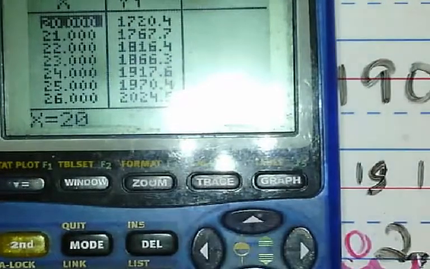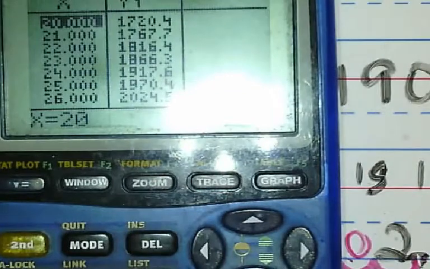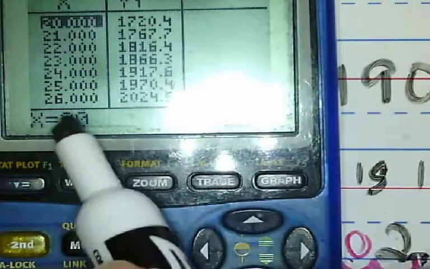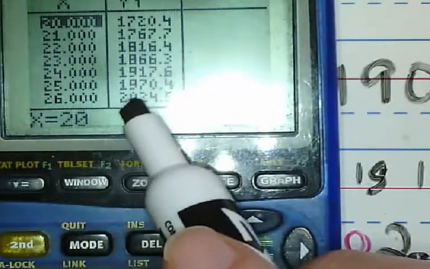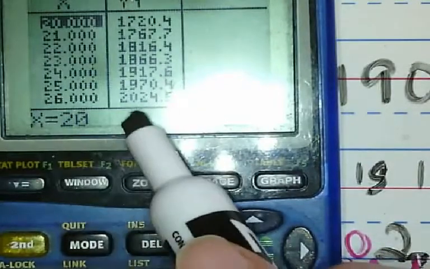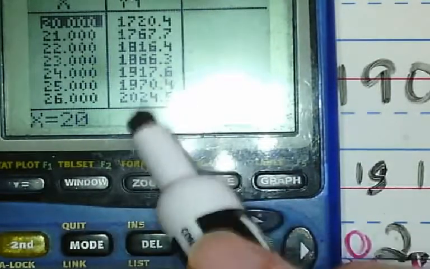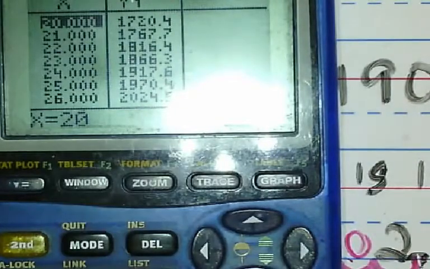In 26 years it'll be worth more than $2,000. So when will it just top it? 25 years it was worth $1,970. And then in 26 years, so halfway between 25 and 26 is when it was exactly. But we can say in 26 years.